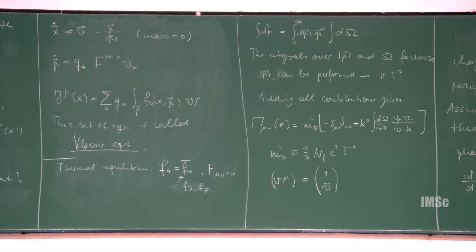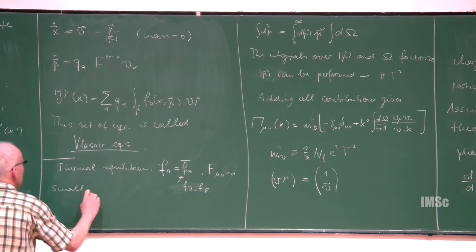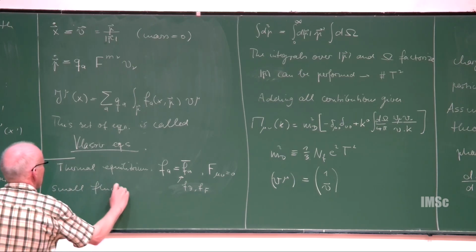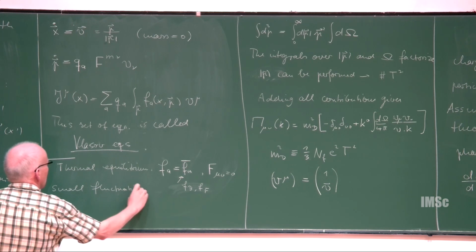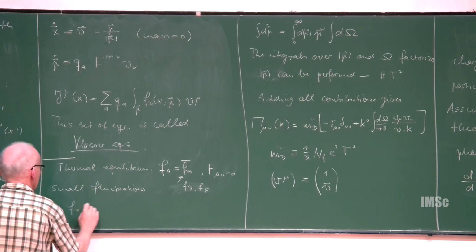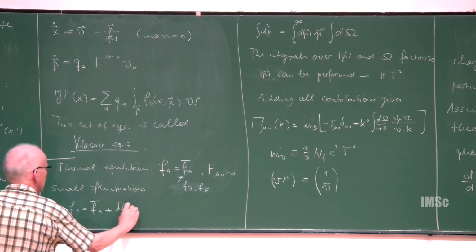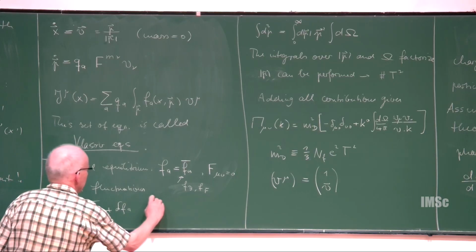Now we consider small fluctuations around equilibrium, which is that I write f_a as f_a equilibrium plus some δf_a, and F^μν non-zero.